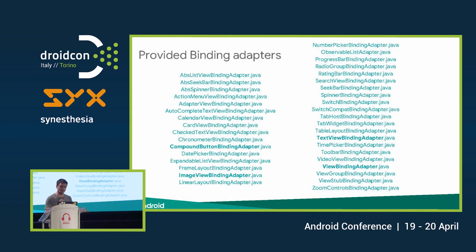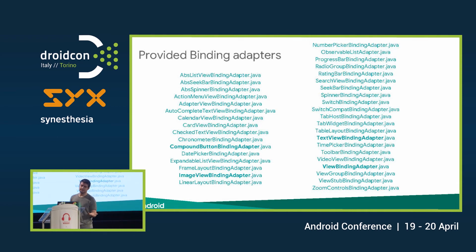But other interesting ones are image view, text view, view binding. Actually, when I think about the data binding library, I think of 2 things: the mechanism that generates all the code for you, all the boilerplate, and a collection of binding adapters. But they are no different from your custom binding adapters that you might want to write.